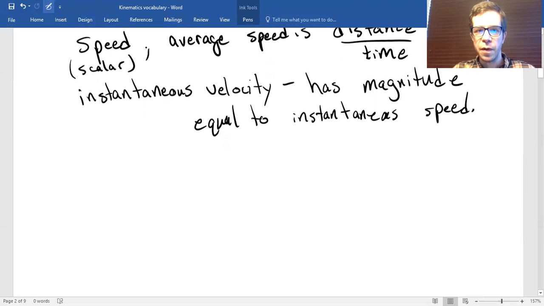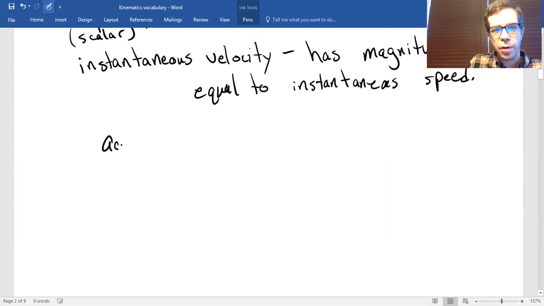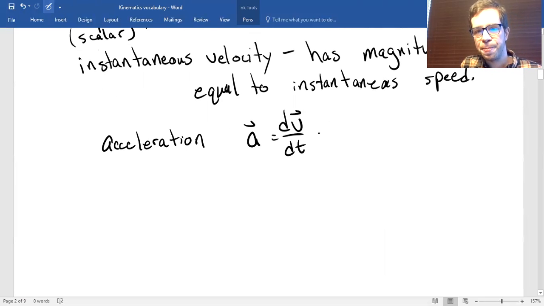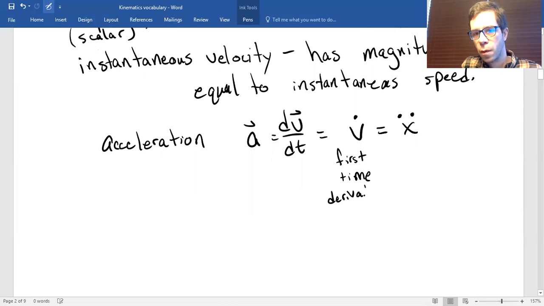All right, so the next place to go from there is to talk about acceleration. Acceleration, denoted A, is the time derivative of velocity, or the rate of change of velocity. And again, we use the notation V dot or X double dot for the first time derivative of velocity or the second time derivative of position.